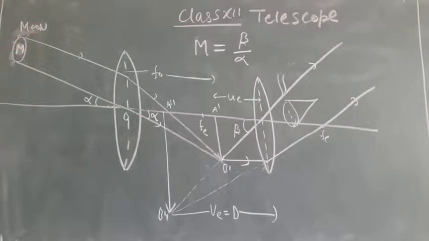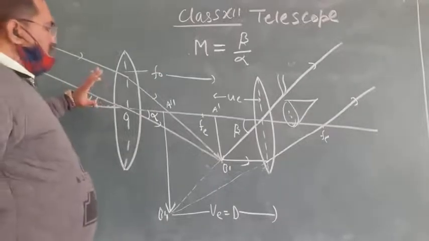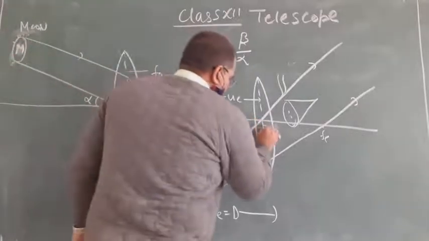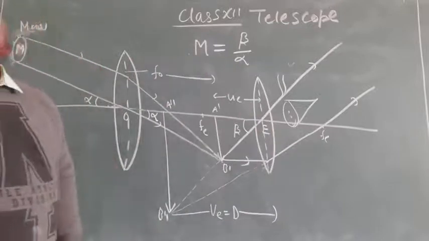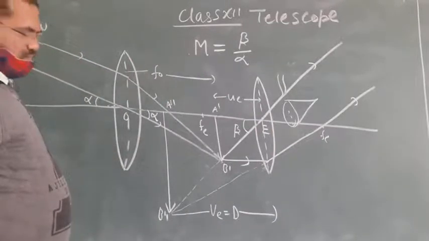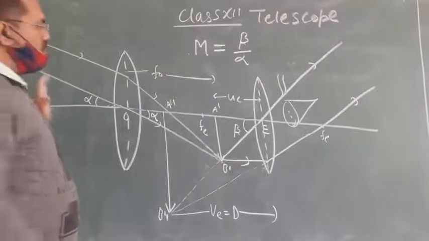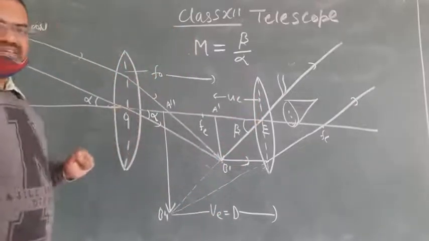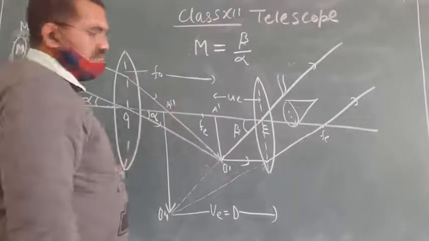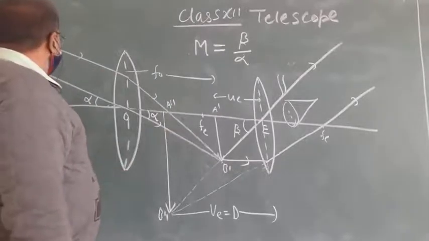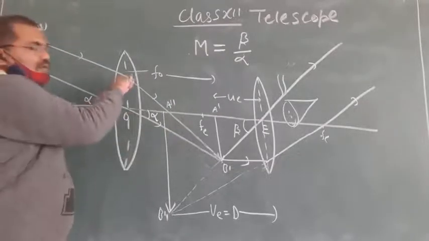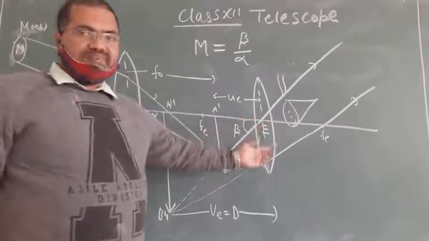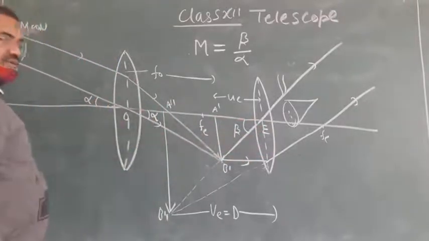And alpha is the angle subtended by the object at the eye. Since the object is very far, the distance between the objective and eyepiece can be neglected as compared to infinity. So the angle formed by the object on the objective is the same as the angle subtended by the object on the eyepiece, because the object is kept very far, that is infinity.